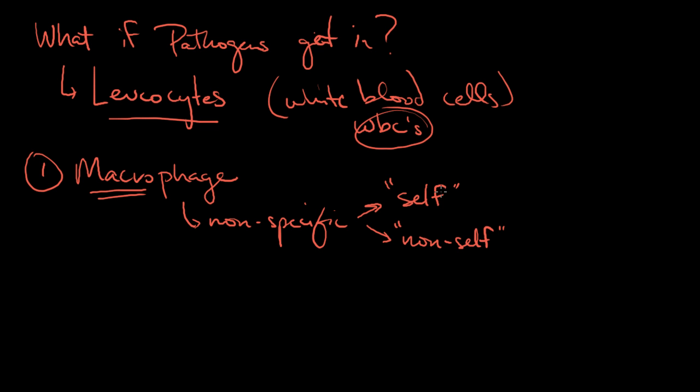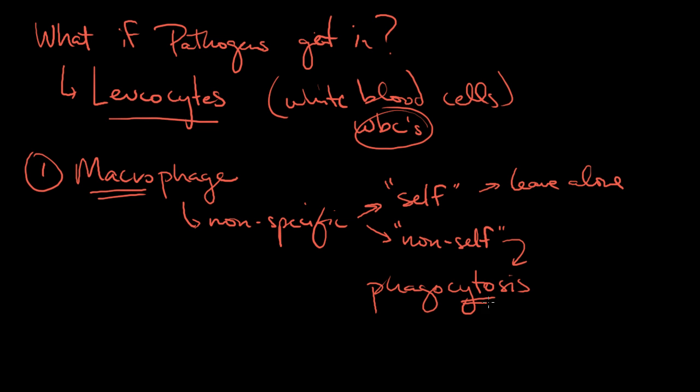And if they are part of themselves, then they leave it alone. And if they are not part of that person, or coded from the DNA of that person, then what happens is that there's phagocytosis. And that's really where the phage part comes in. So phagocytosis.